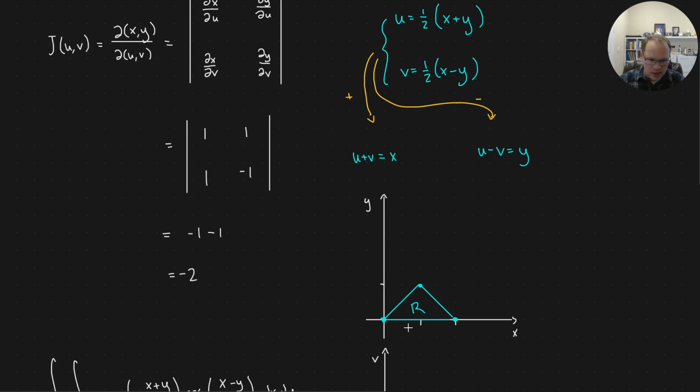They're pretty easy. This bottom line, just on the x-axis, so that's just y equals 0. This line goes from (0, 0) to (1, 1). So we're going up 1 over 1. That's the line y equals x. Okay. And then this line here.